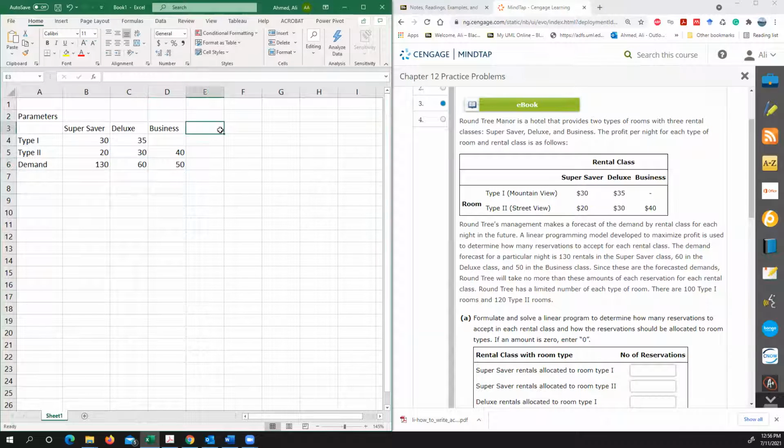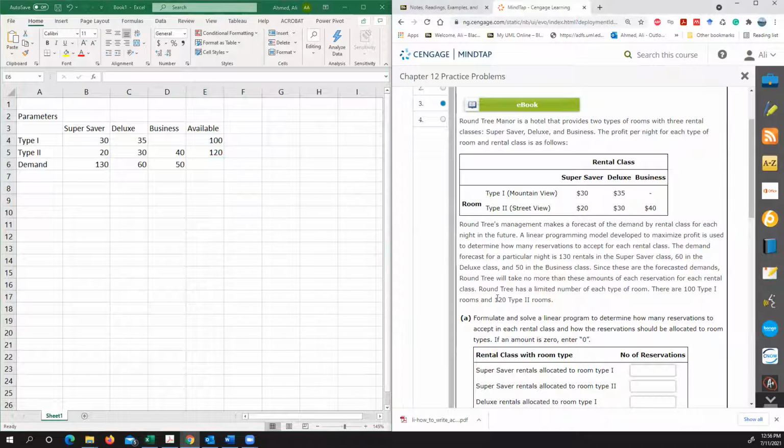And we also know the demand for each type. No, I'm sorry, this should not be demand. I just made it wrong. It should be availability, because we know how many rooms of each type we have available. So this should be 100 for type 1, and 120 for type 2.